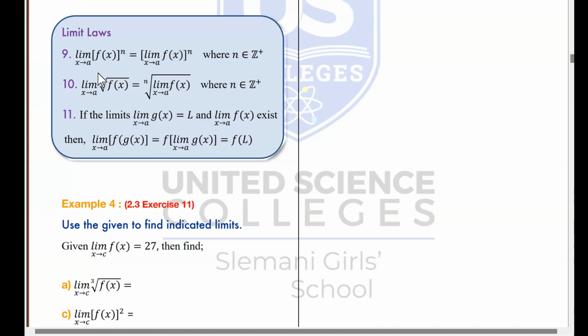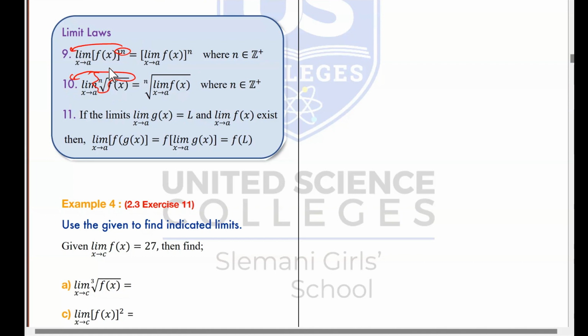Similarly, we may have the square root function. Instead of using n as an index for the function inside, we can use n as an index for the limit. We can pull this power out.